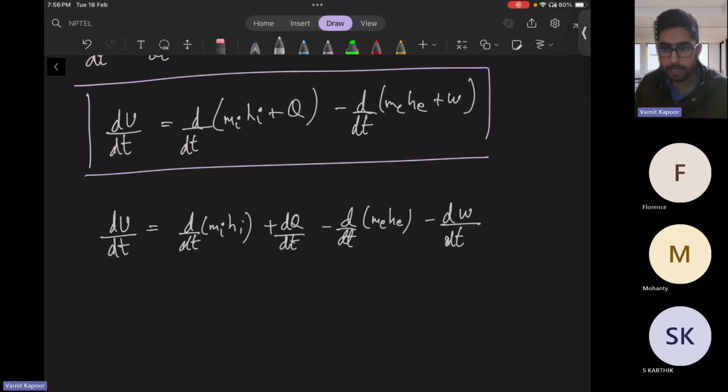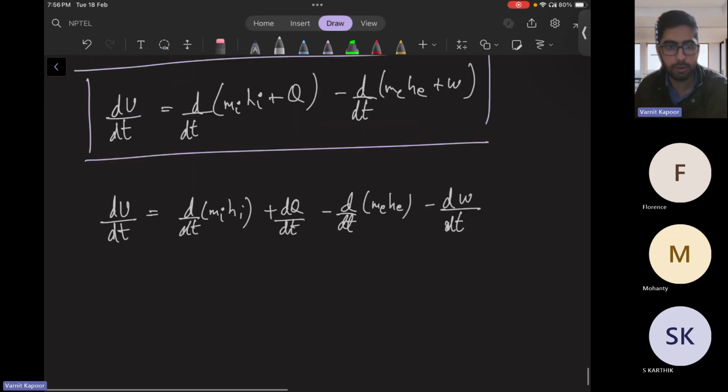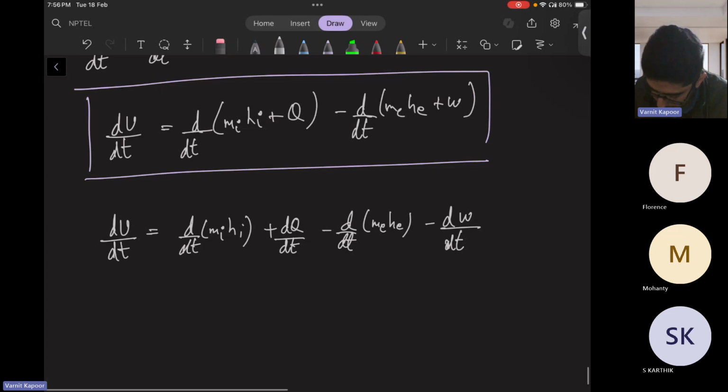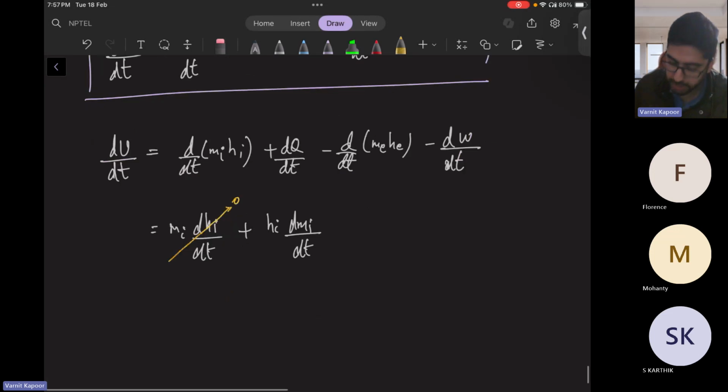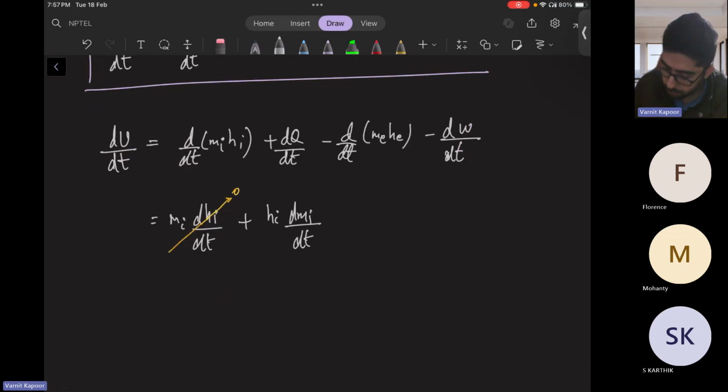Now, the variation of enthalpy will come. First, by the chain rule, you are going to differentiate. So first thing is mi d of hi by dt plus hi d of mi by dt. We have assumed that this will be 0, the change of enthalpy will be 0.